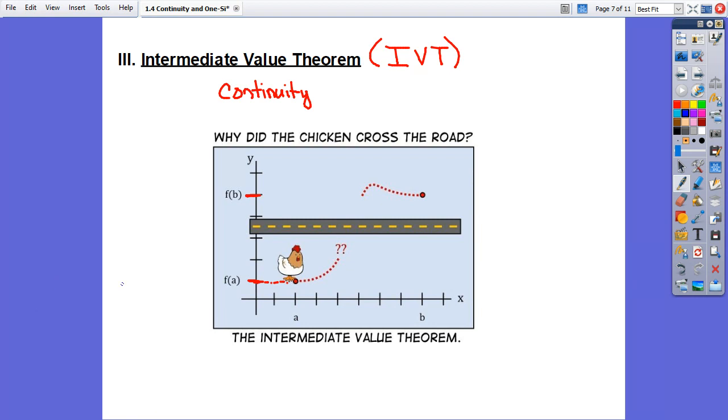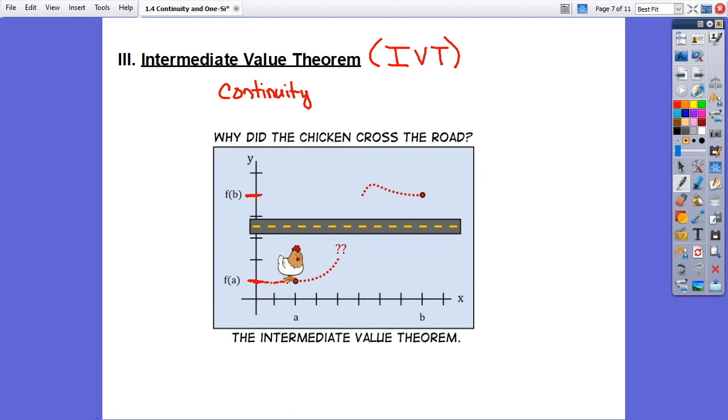So the question is, the chicken crossing the road. If my values straddle the road, in other words, the chicken starts off on one side of the road and eventually ends up on the other side of the road, it seems so common sense, but the question is, did the chicken cross the road? The reason why is because of IVT.